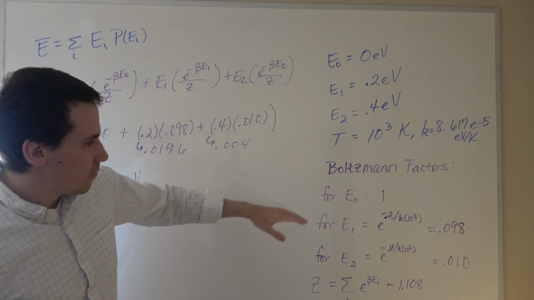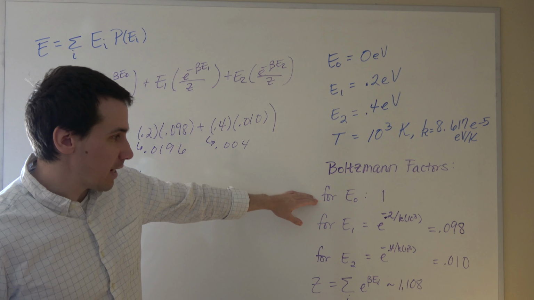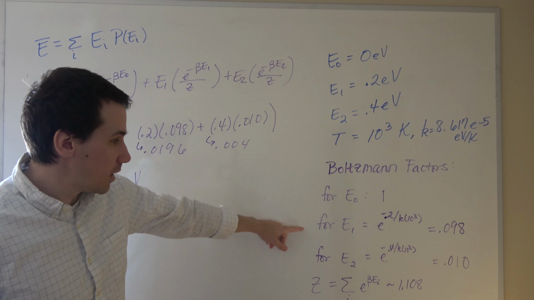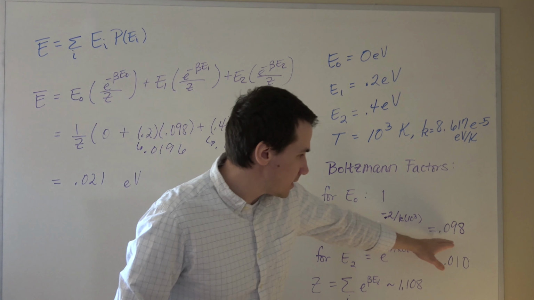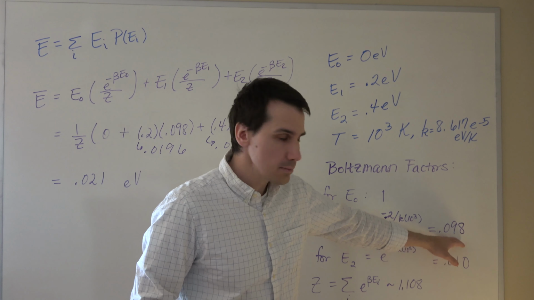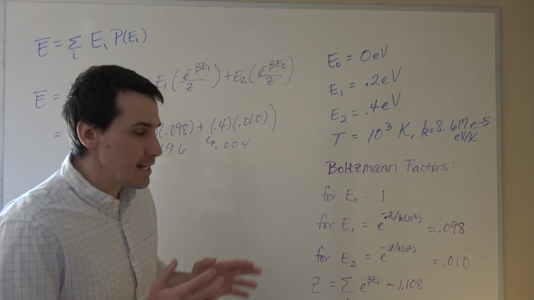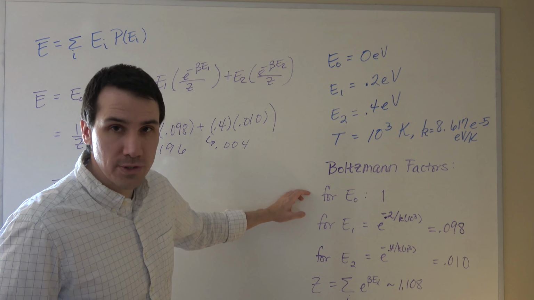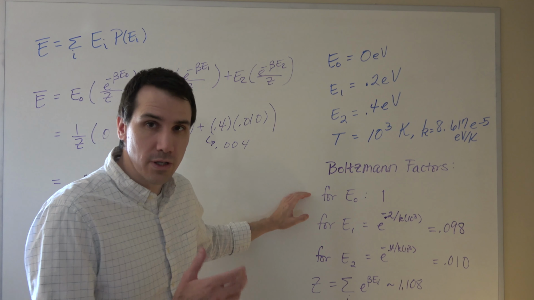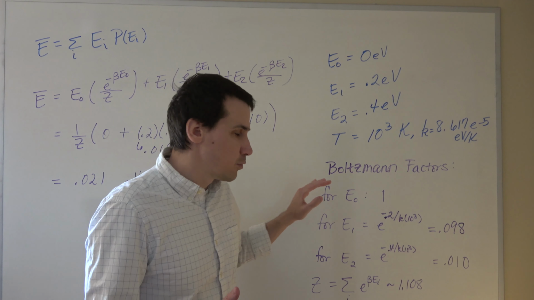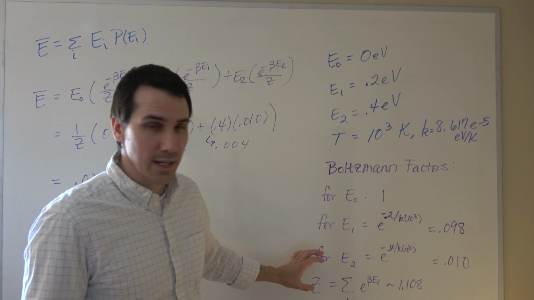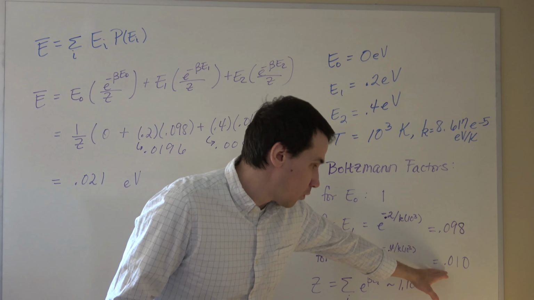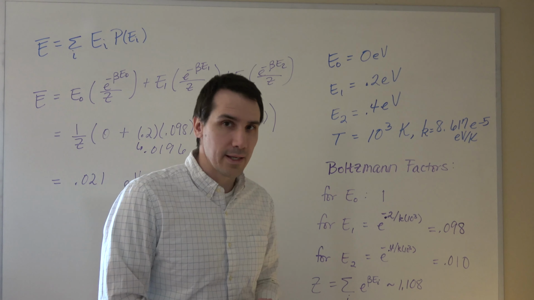Note that the Boltzmann factor for the ground state is 1, and for the first excited state is only 0.098. So the vast majority, 90-ish percent of our particles, are in the ground state, with only about 10% in either of the 2 excited states, and only about 1% in the second excited state.